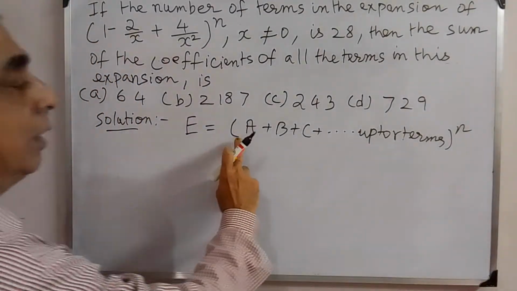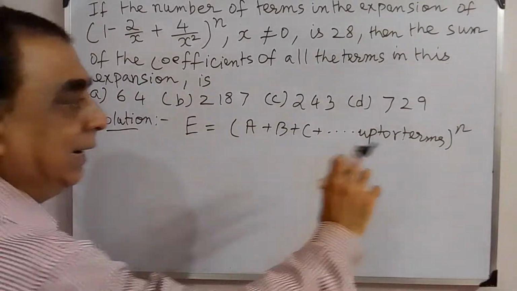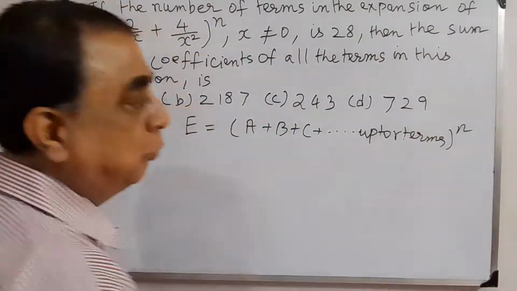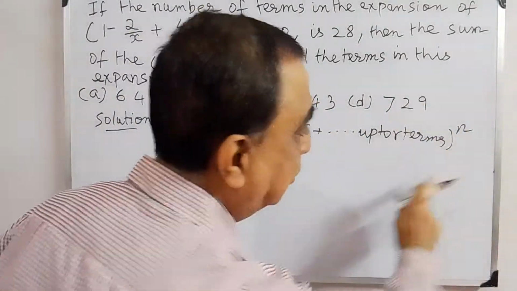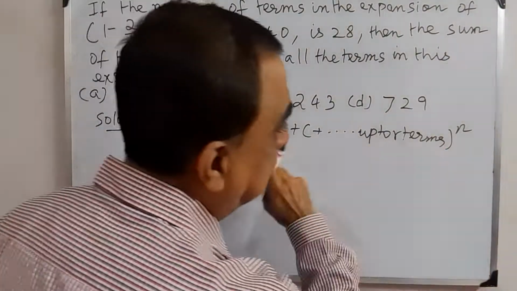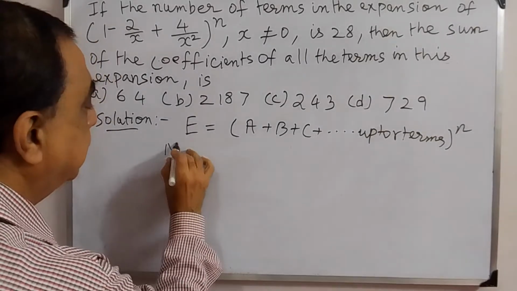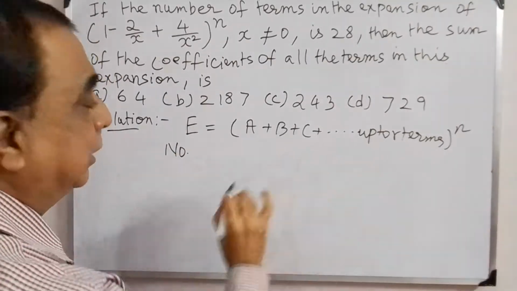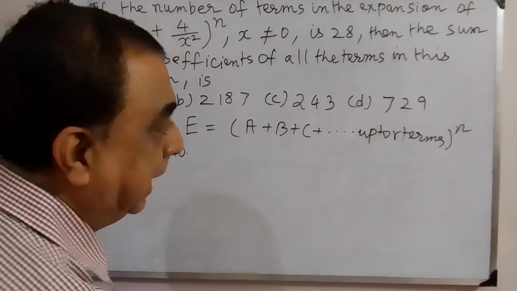If there are r terms in the bracket and the power is n, then when we expand this expression, how many terms will there be? There is a formula for this. You have to remember that formula, and we will use it for finding the value of n.